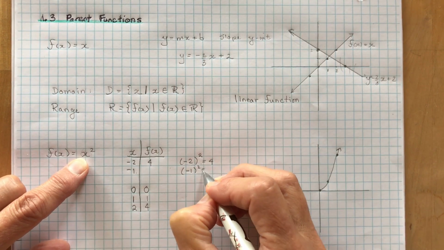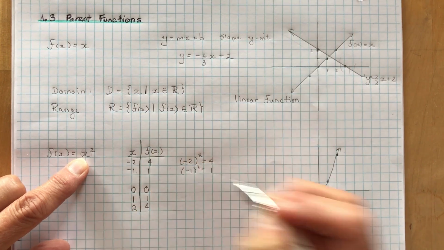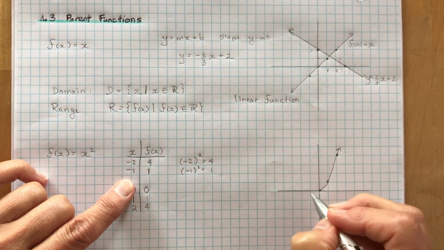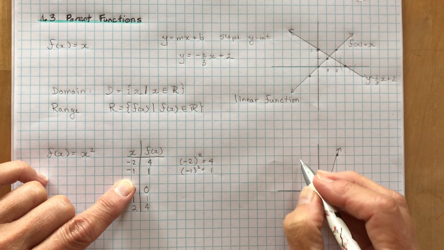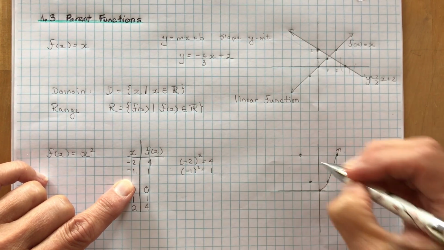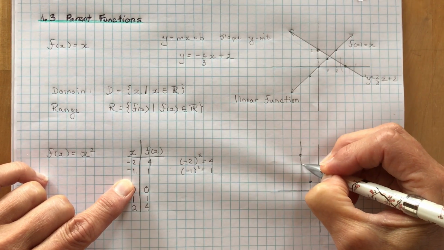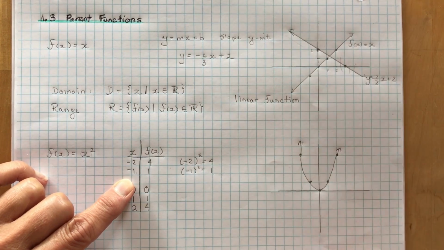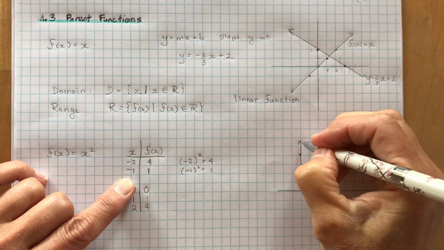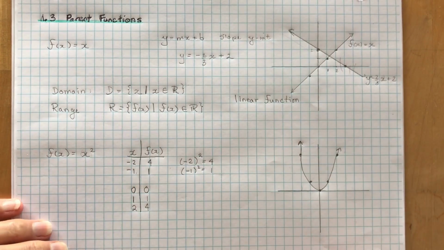Minus 1 squared would be 1. So now I have a few more points here: minus 1 and 1, and minus 2 and positive 4. So now you can see that I have this beautiful parabola, and it's a little bit crooked, but it's not bad. I'm writing on the side.